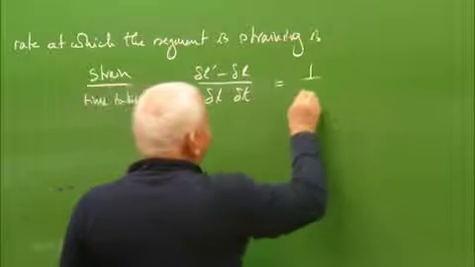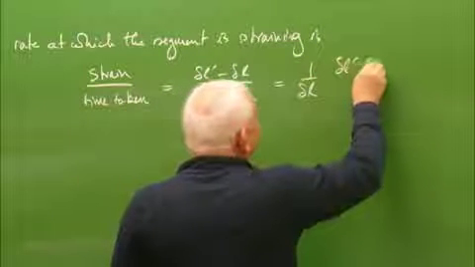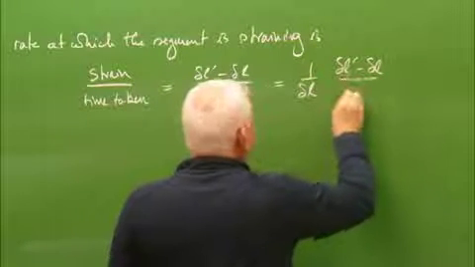And I will write this as 1 over delta L times delta L dashed minus delta L over delta t.